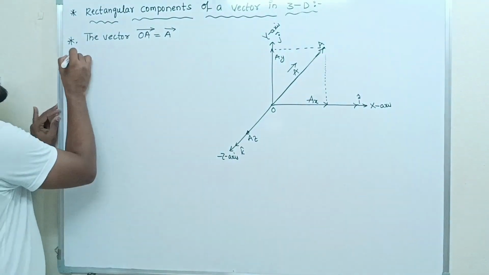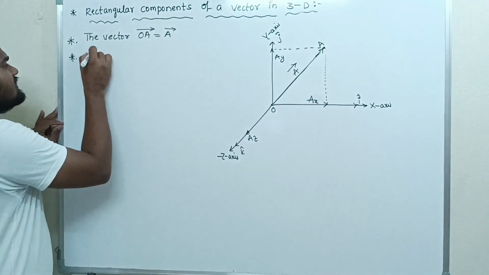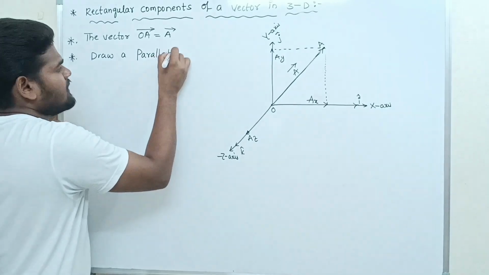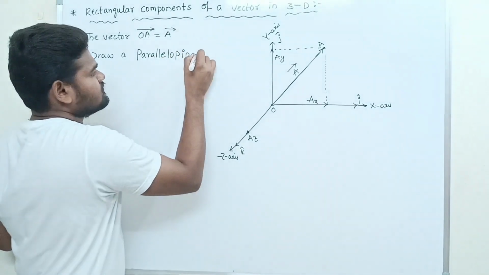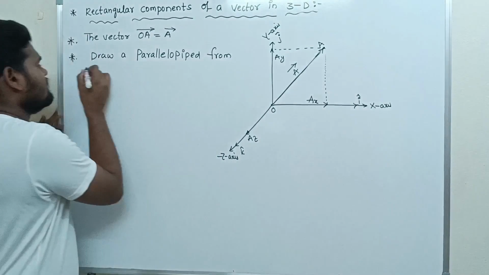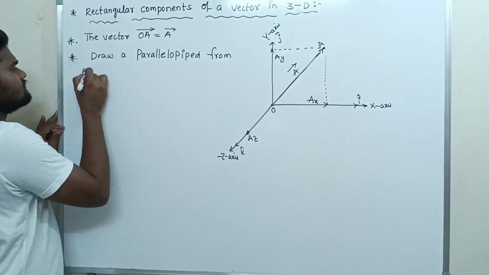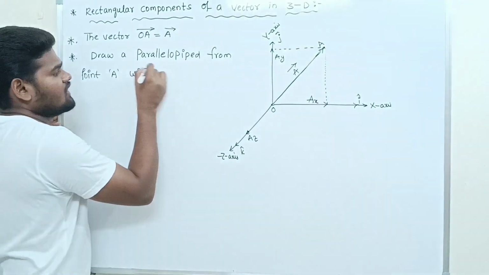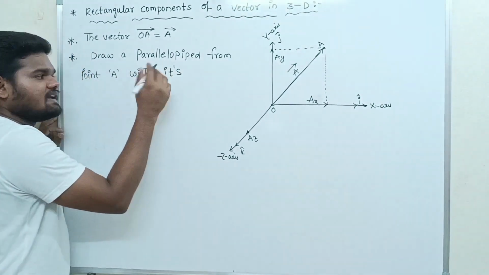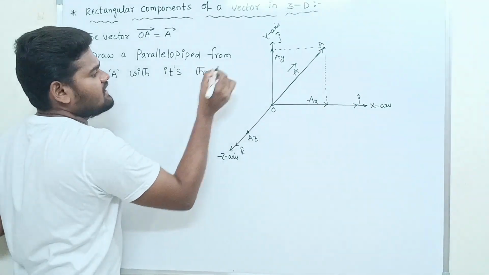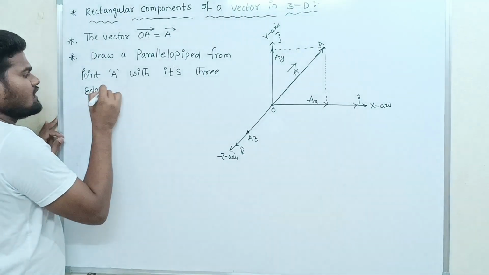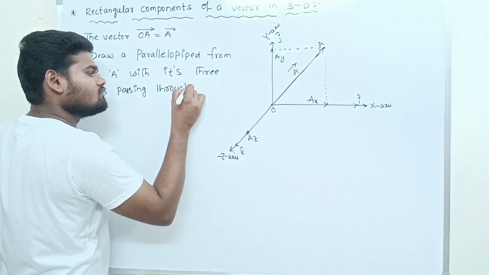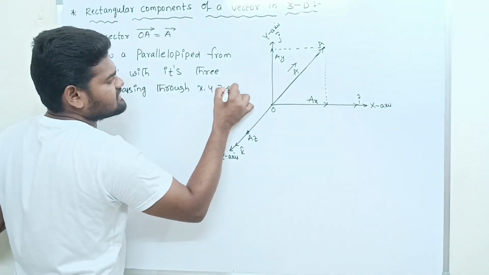Right. So now I'm just going to draw a parallelepiped from point A, with its three edges passing through the x, y, z axes.